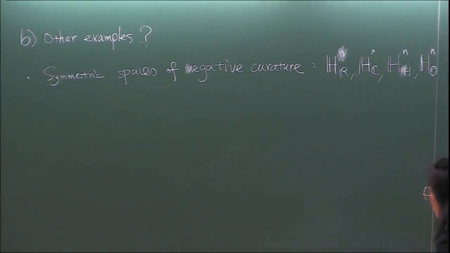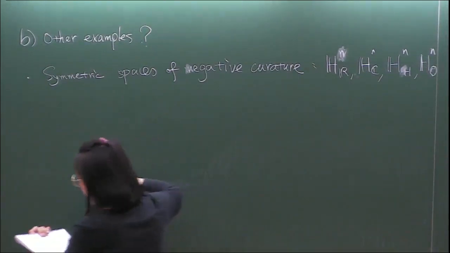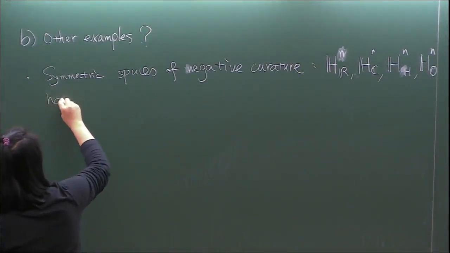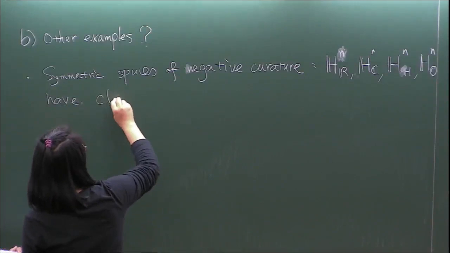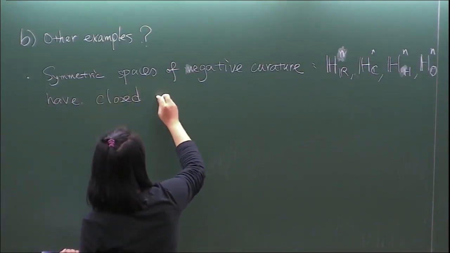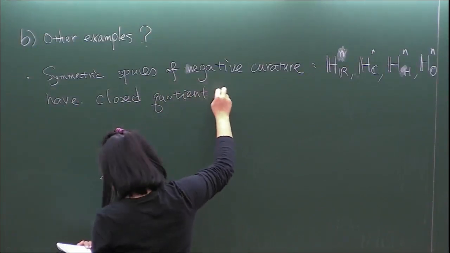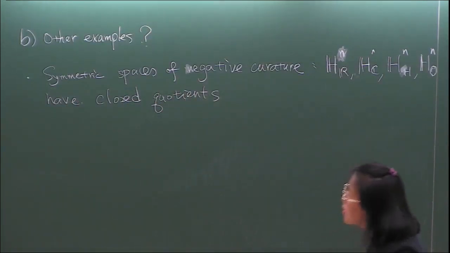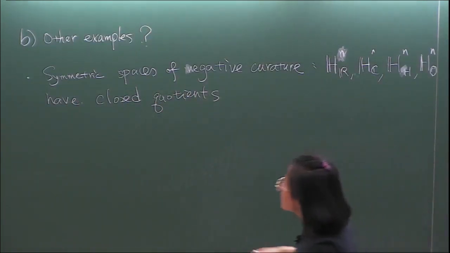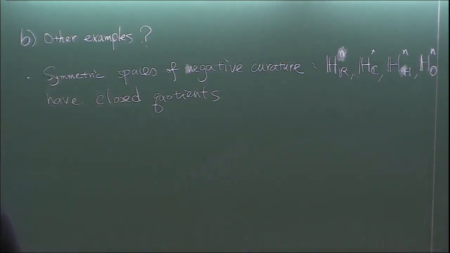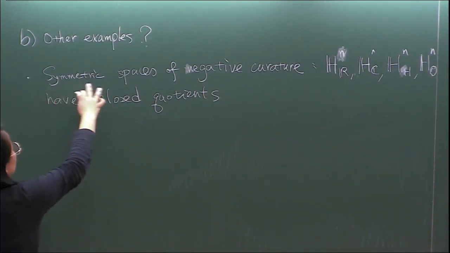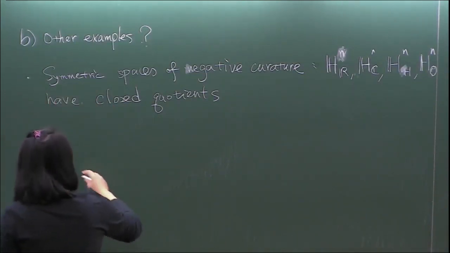You have a classification of these, and all these spaces will have closed quotients. Okay, so these are examples. Since we will use this notion of symmetric space, we can mention the definition of this one. Okay, so what does that mean?